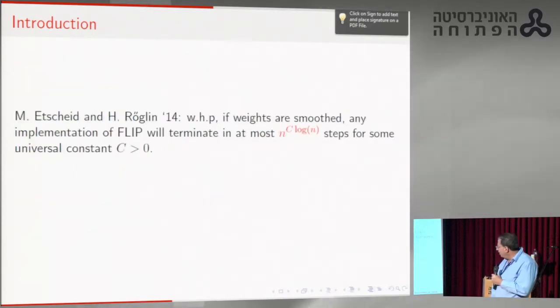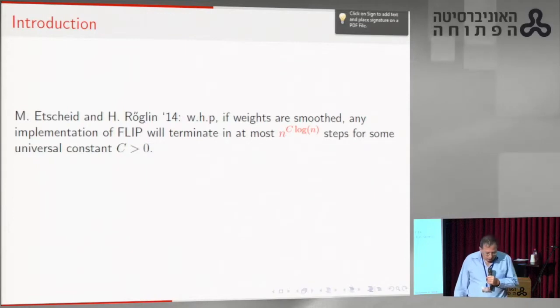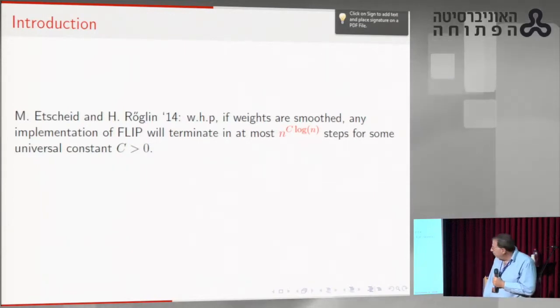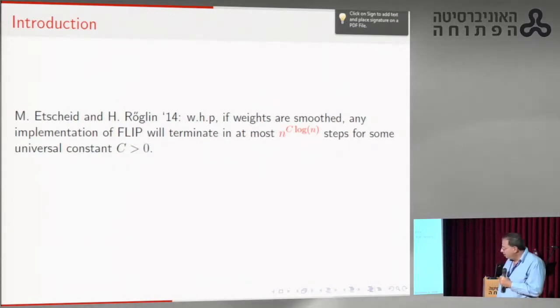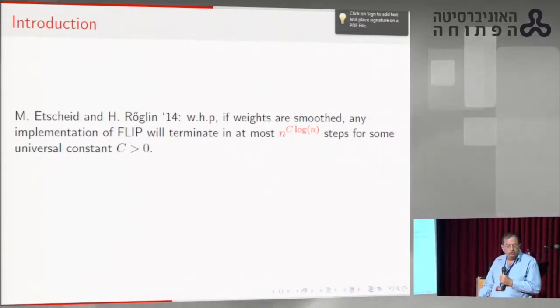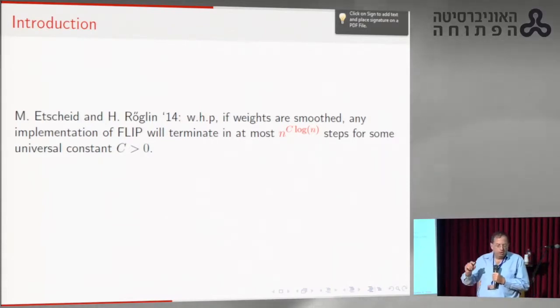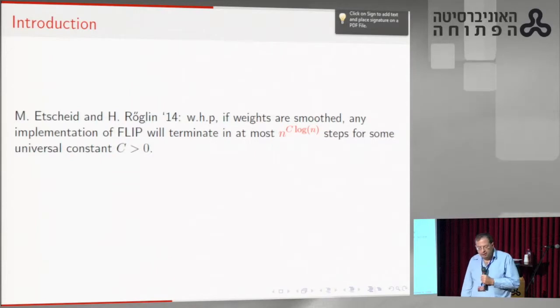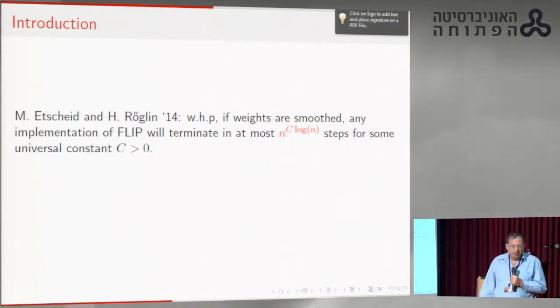Now, there was already a breakthrough in this problem by Etscheid and Roglin in 2014, which says if you pick weights randomly or in this smooth way, so each one is uniform in some small interval, then the greedy algorithm, this flip algorithm, will be quasi-polynomial.